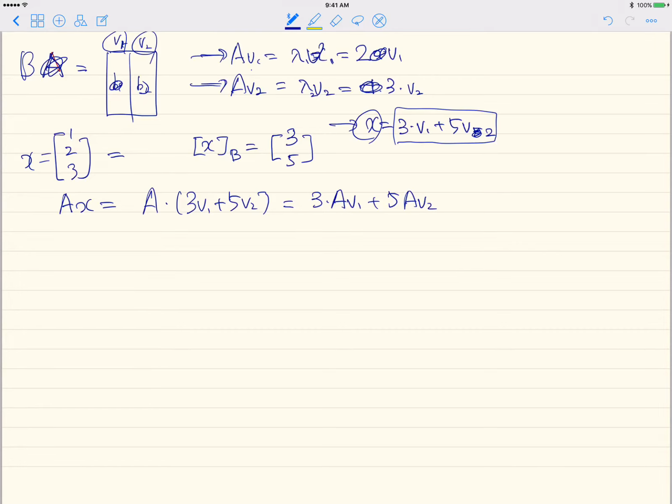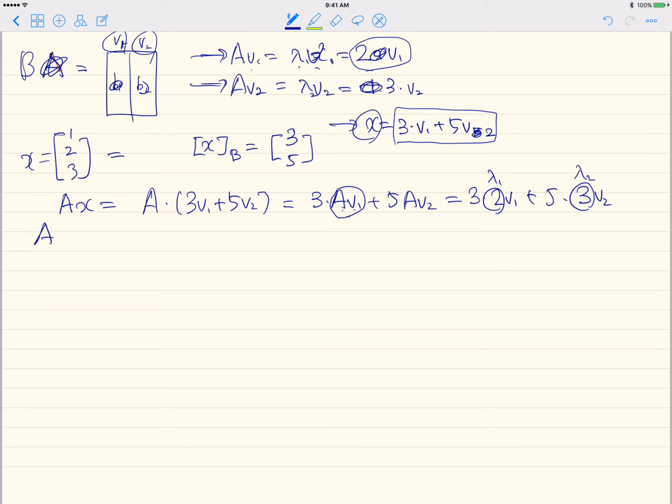A v1 changes to 2 v1, so 3 times 2 v1 plus 5 times 3 v2. This was lambda 1 and this was lambda 2, because A v1 equals lambda 1 v1 and A v2 becomes lambda 2 v2.